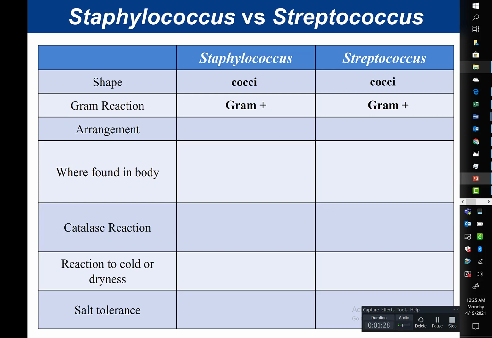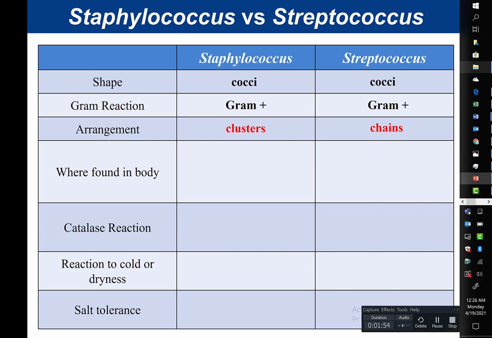So now let's look at some of the distinctions between the two. If we look at arrangement, well, staphylo, right? Staphylo tells us the grape-like clusters. So the arrangement is going to be clusters. If we look at Streptococcus, strepto, remember, refers to chains. So this is bacteria that are in chains.